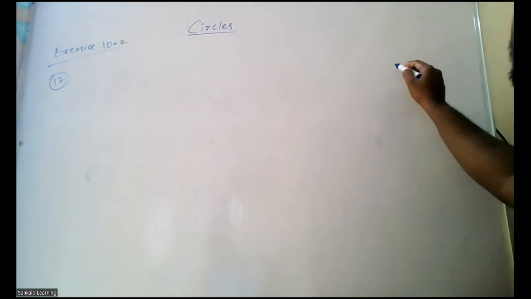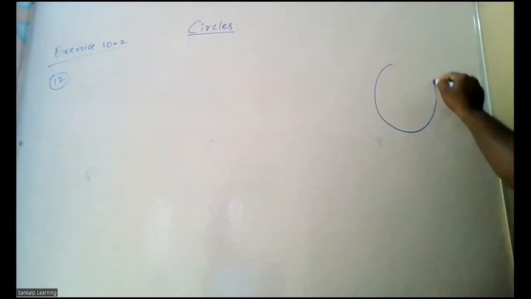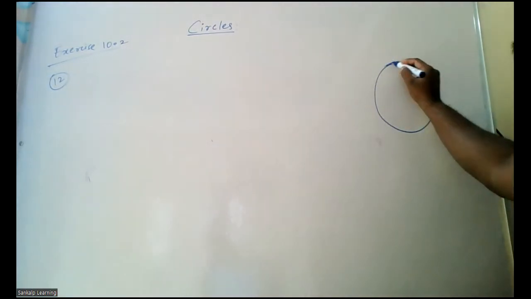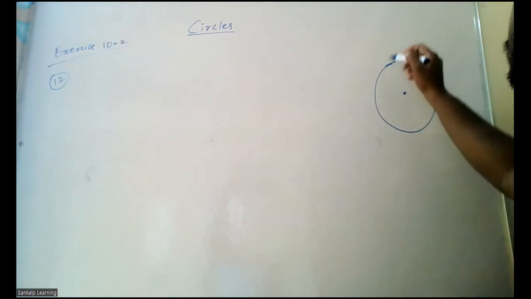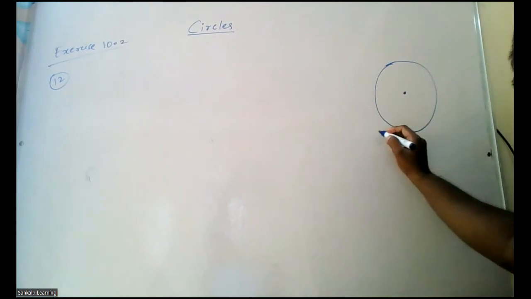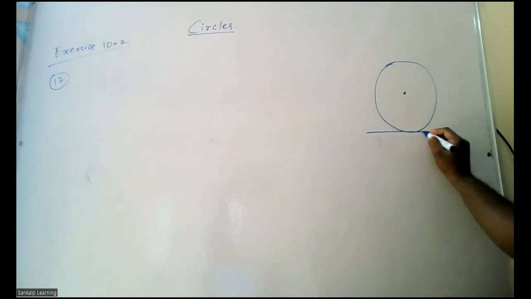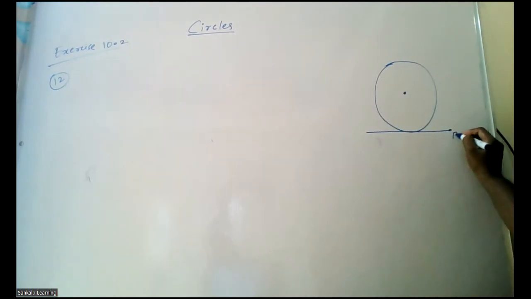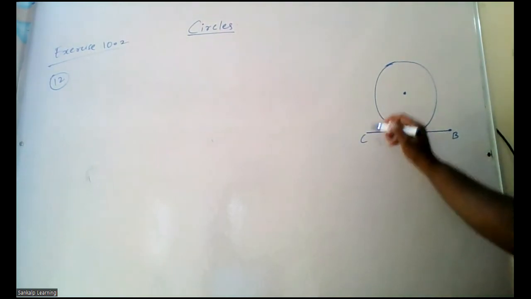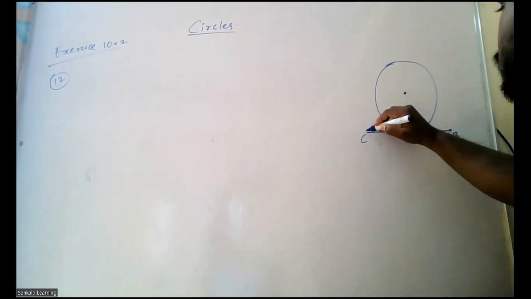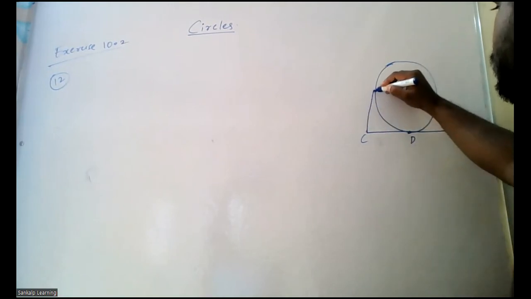Okay, let's solve this. What have they given us? They've given us a triangle. Let's draw a circle. The radius of this circle is 4 centimeter, isn't it? So let's draw BC. You got B here, you got C here, and D here. Okay. So let me draw the triangle.